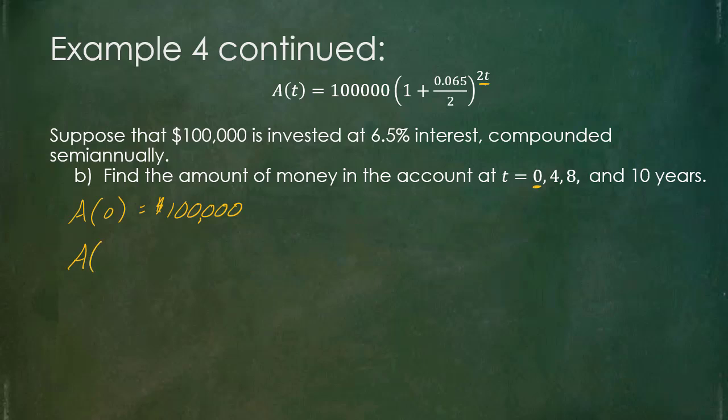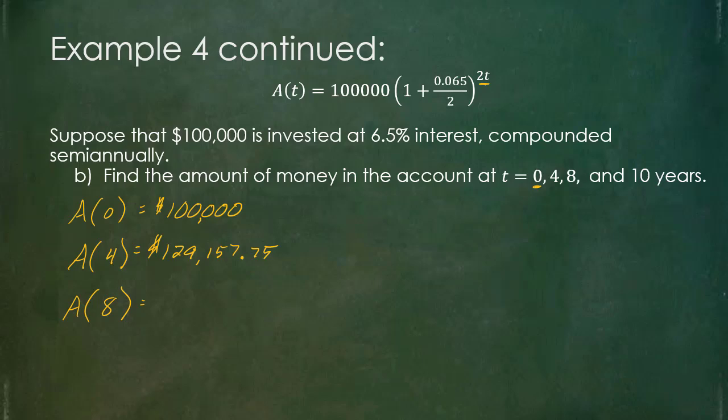If I move on to the second one, A of 4, typing into the calculator ultimately is what's going to happen here. This would turn into 129,157, and it looks like 75 cents-ish. If I move on to the next one, plugging in 8, I'd end up with now having a power of 16 up in that area.